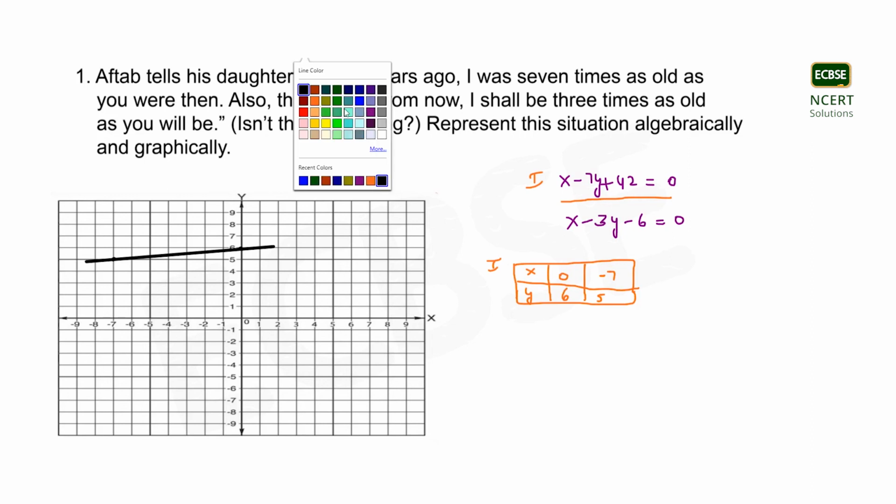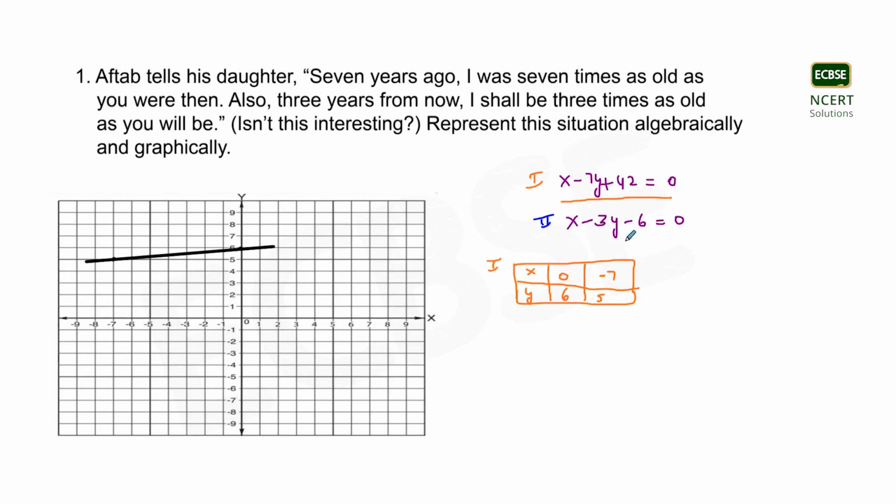Now coming to the second equation, that is x minus 3y minus 6 is equal to 0. Again drawing the table for this linear equation, that is drawing the table between x and y so as to obtain a line which will represent the linear equation x minus 3y minus 6 is equal to 0.